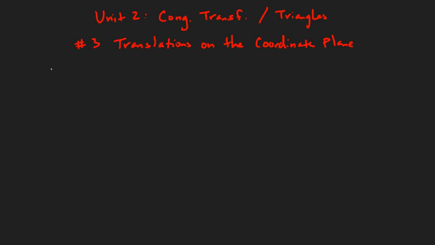For example, we're going to translate triangle ABC 3 units left and 5 units up.